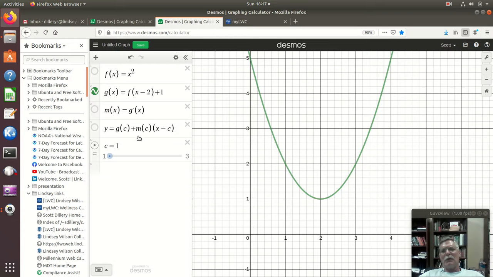But what I'm interested in doing is, at every given point C along the x-axis here, now I'm only going from 1 to 3, I'm going to make this straight line, and notice that straight line is in point-slope form. X equals C is a point, and then g of C. So I have a point on this curve. I can see that from the C, g of C right here.